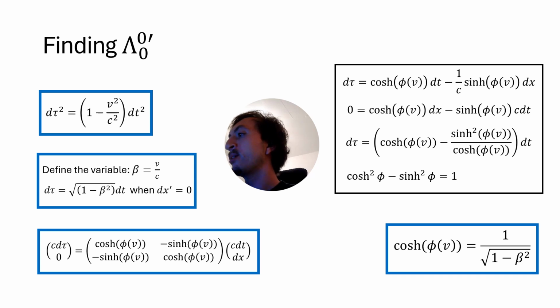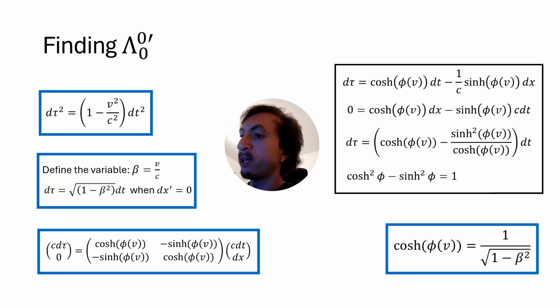Now, it's worth saying that I'm going to describe how we find the other components of the Lorentz transform, and then we'll talk about an application of time dilation in terms of muon decay.